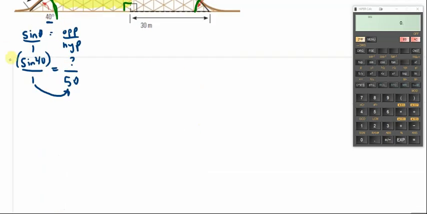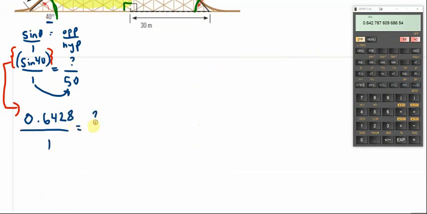And like I've been doing before, this is not very useful unless we put it into a number. So we can ask, what's sine of 40? Which is approximately 0.6428 over 1, equal to some question mark over 50.